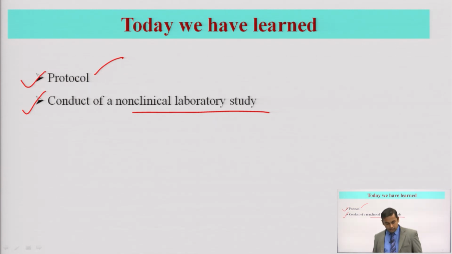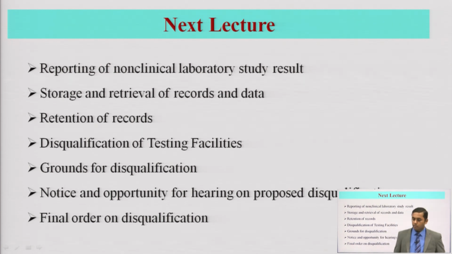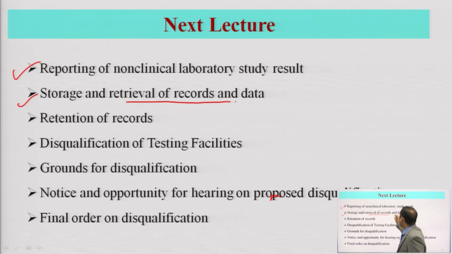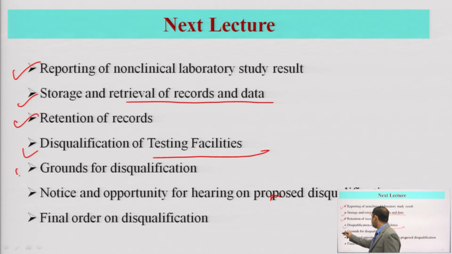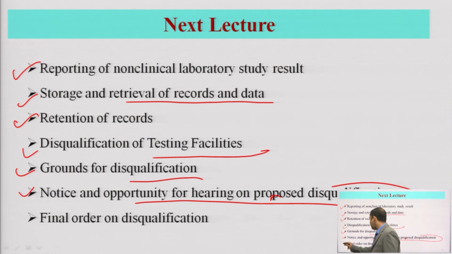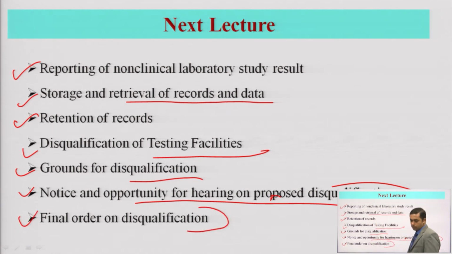In my next lecture, I am going to tell you in detail about the reporting of non-clinical laboratory results, how you can store and retrieve the recorded data, retention of records, what is the disqualification of testing facilities, grounds for disqualification, notice and opportunity for hearing on the proposed disqualification, and the final order of disqualification. I am going to tell you these things next.